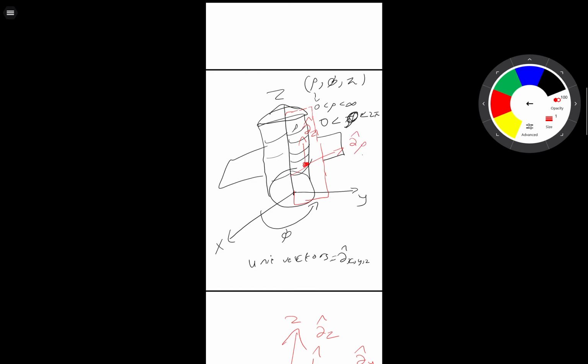And for phi, we know phi goes from 0 to 2 pi, and to demonstrate, you can think of it as going inside of the page. A sub phi would be going inside of the page because phi has to go all the way around.